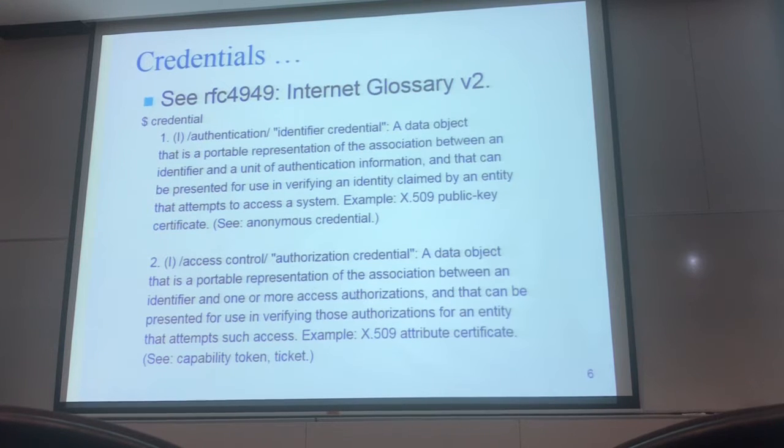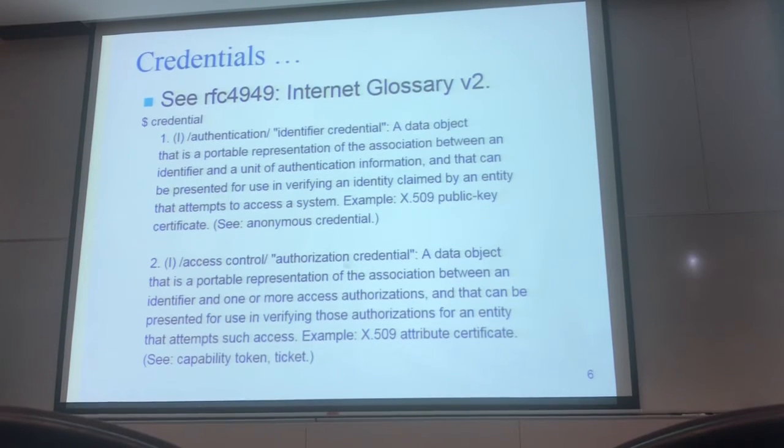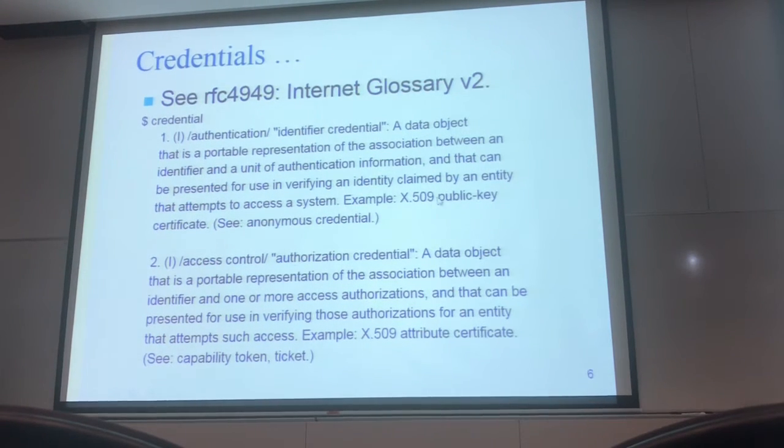Another credential that can be used for different purposes is the so-called authorization credential, right? In network security and system security, we can have different credentials. We can have the public key certificate, which is some sort of identity credential, and we can also have the attribute certificate, which is for authorization.